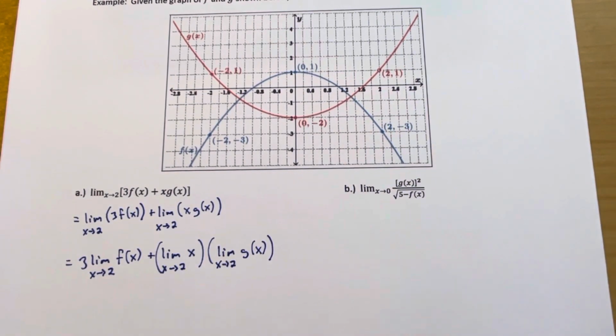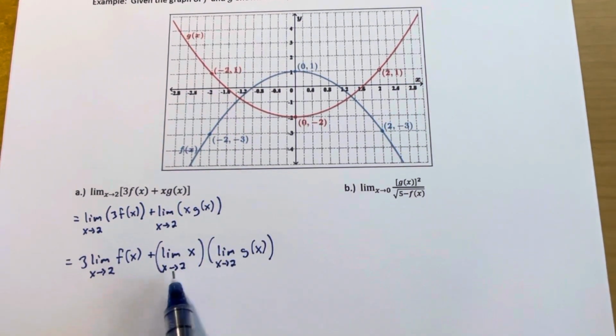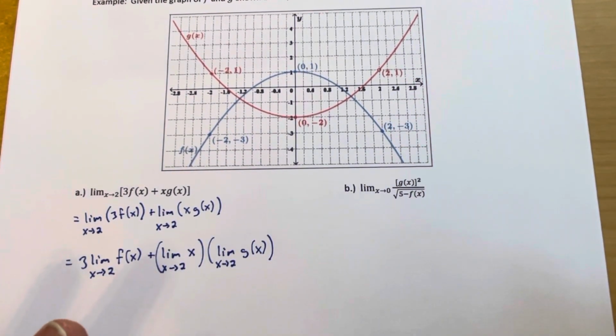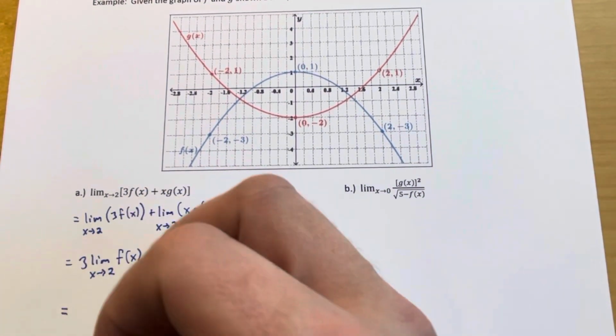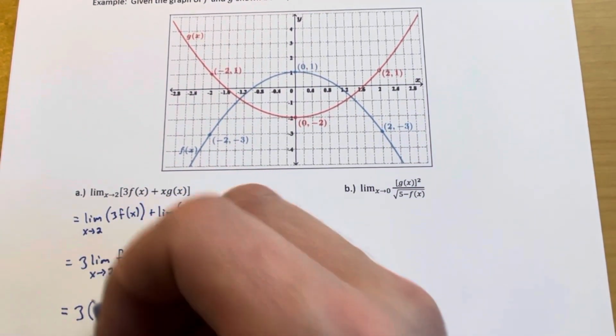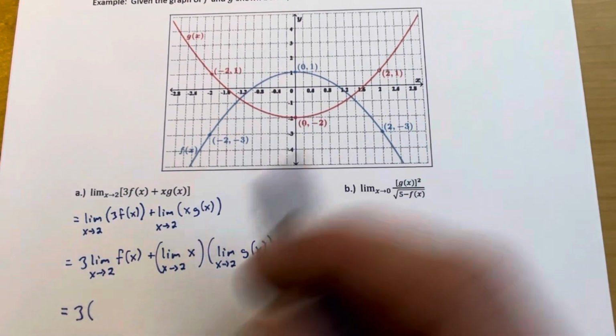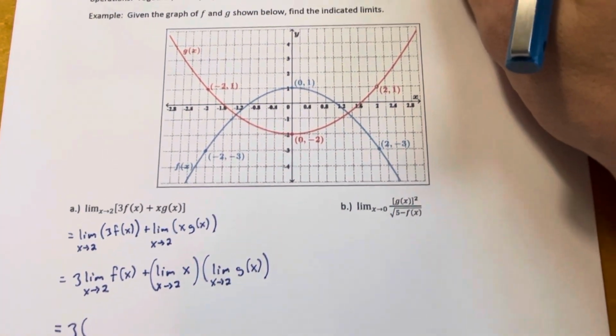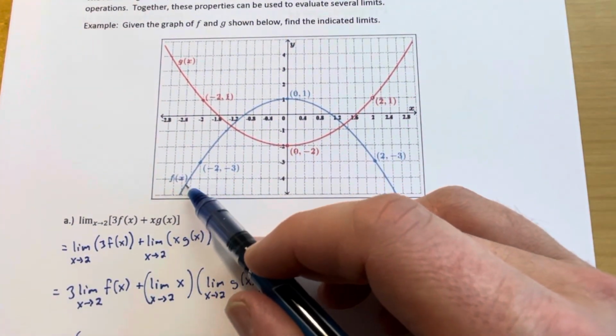So at this point, I can actually start getting some values out of this, because I can evaluate all three of these limits either by using the graph or by using one of the properties in our table on the previous page. So let's start with this first one. What is the limit as x approaches 2 of f of x? I'm going to find the f of x function, which is this blue one.